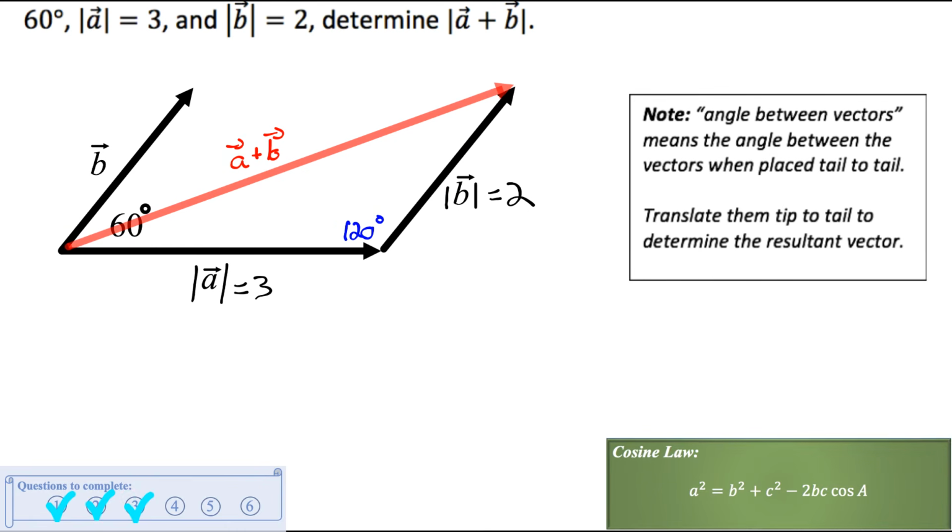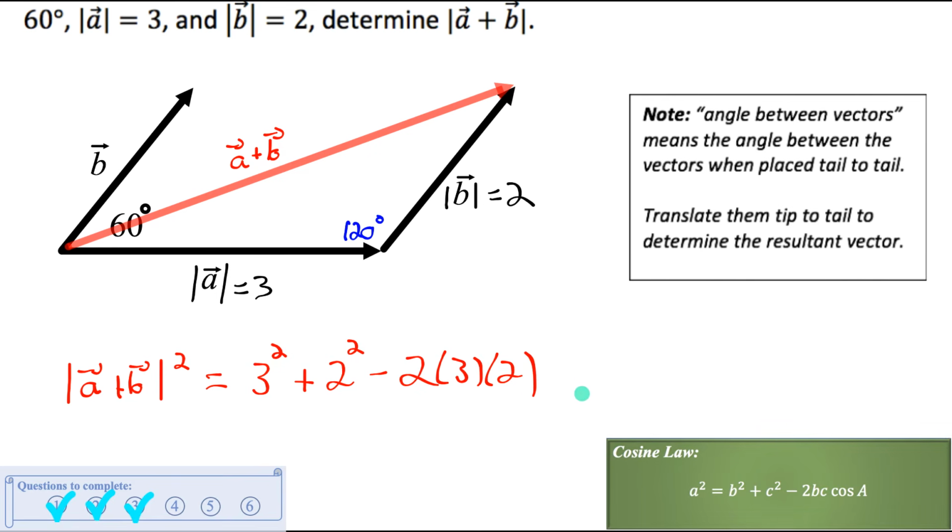So the cosine law tells me that the magnitude of vector A plus vector B squared would equal the magnitude of A squared, so 3 squared, plus the magnitude of B squared, so 2 squared, minus 2 times the magnitude of A times the magnitude of B, so 3 times 2, times the cosine of the angle contained by the two sides, 120 degrees.